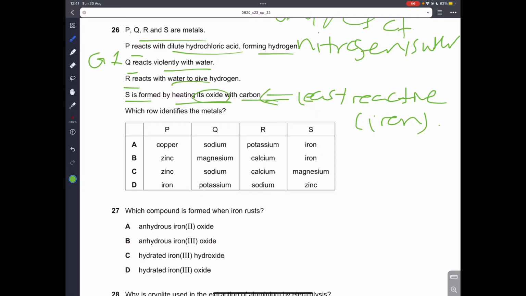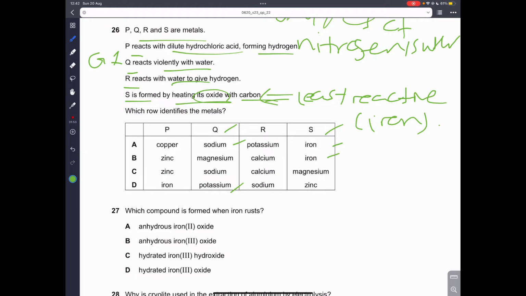So S could be iron. For Q, it could be sodium. It could also be potassium. For heating with oxide, we have to know the reactivity series.